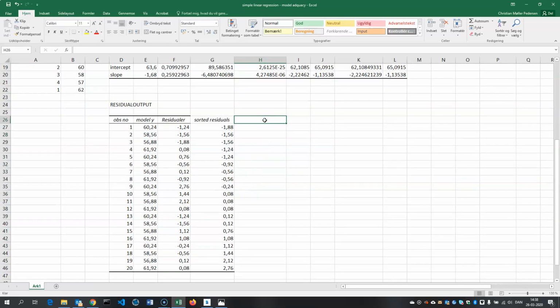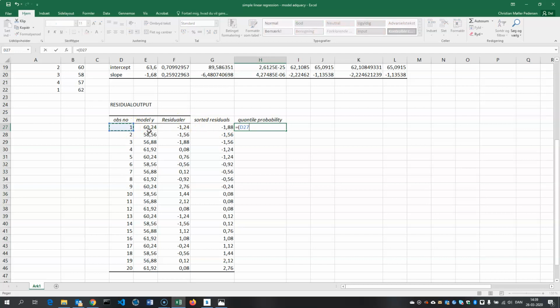And then we want to compute what we could call quantile probability. Basically, what we do now is that we match each of these observations here by a quantile. Since we have 20 observations, that gives us 20 quantiles. And how do we compute the quantile?